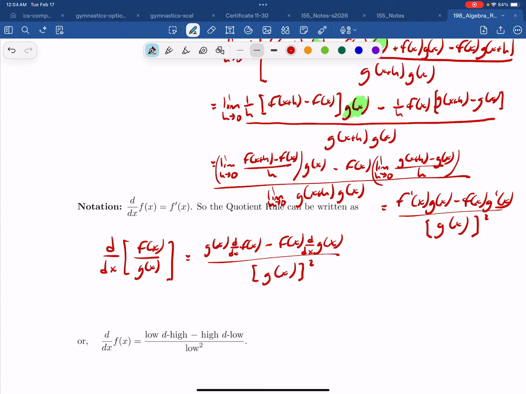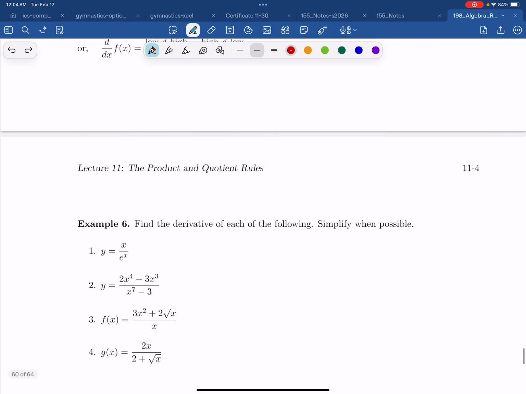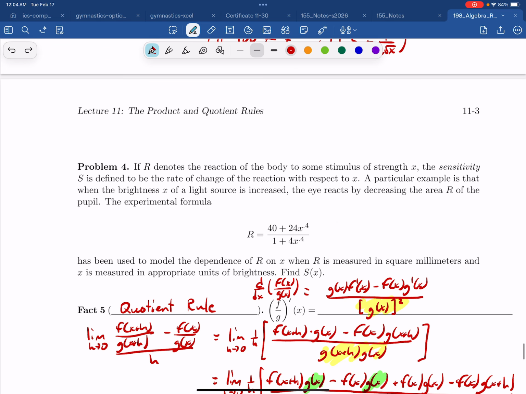And the reason is you could read this as low d high minus high d low all over low squared. So it's a good mnemonic. A lot of people use it. You don't have to. Okay. So anyway, let's go back to this problem.